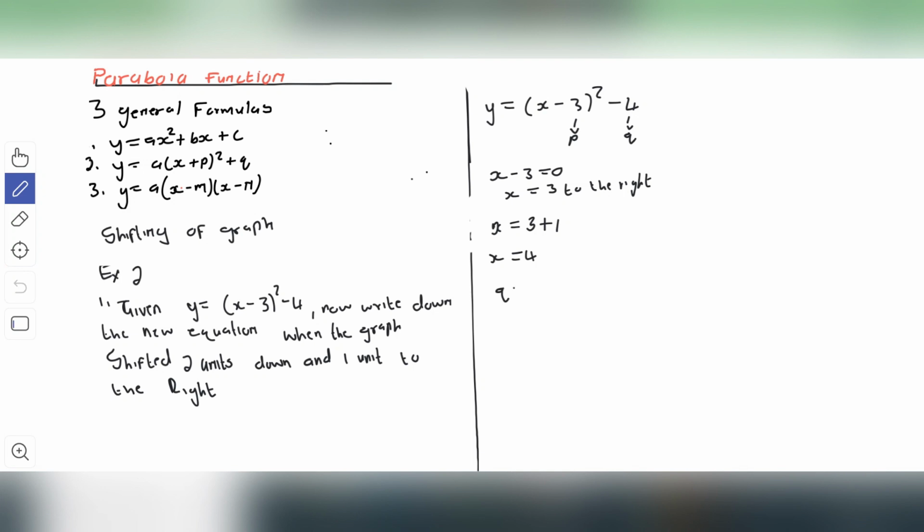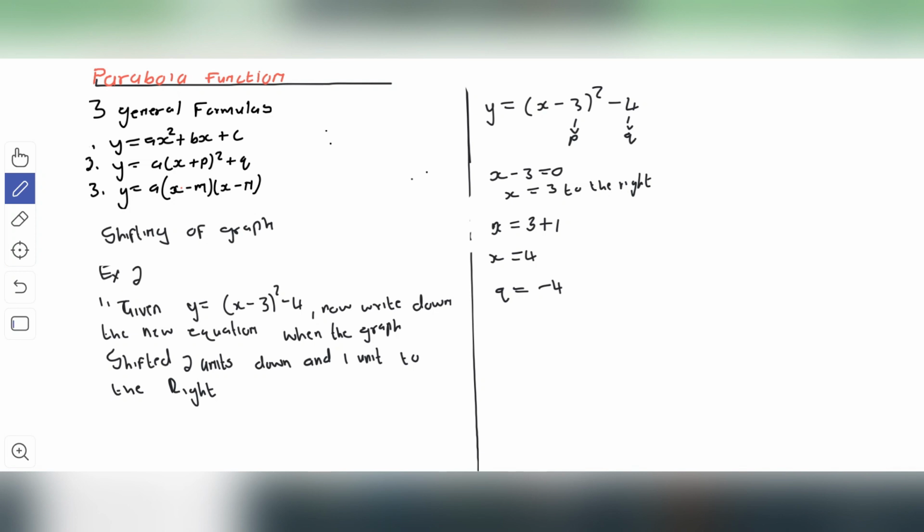We know that q is represented by the vertical shift. It's either a shift up or down. We write that value the way it is, which is negative 4, and then we read our statement: write down the new equation when the graph is shifted 2 units downwards. It's a vertical shift, and it has shifted 2 units downwards.